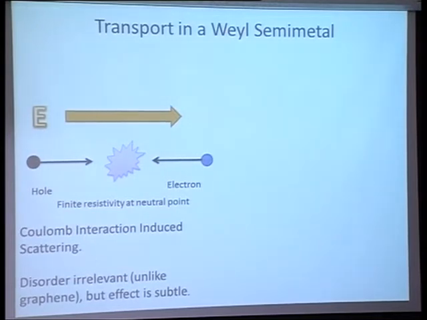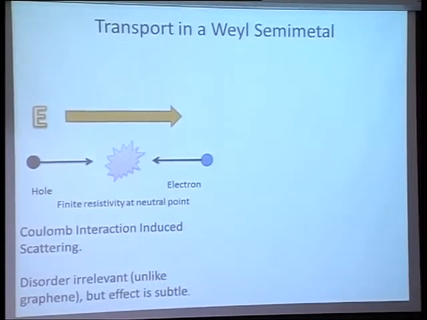So we looked at a different effect which is more likely to give you a temperature-dependent conductivity, which is the Coulomb interactions. For a semimetal, like graphene or this Weyl semimetal, it turns out that Coulomb interactions alone can end up giving you finite resistivity. Usually for a metal, you need disorder to get a finite resistivity. If you have Galilean invariance, you need something to relax the current.